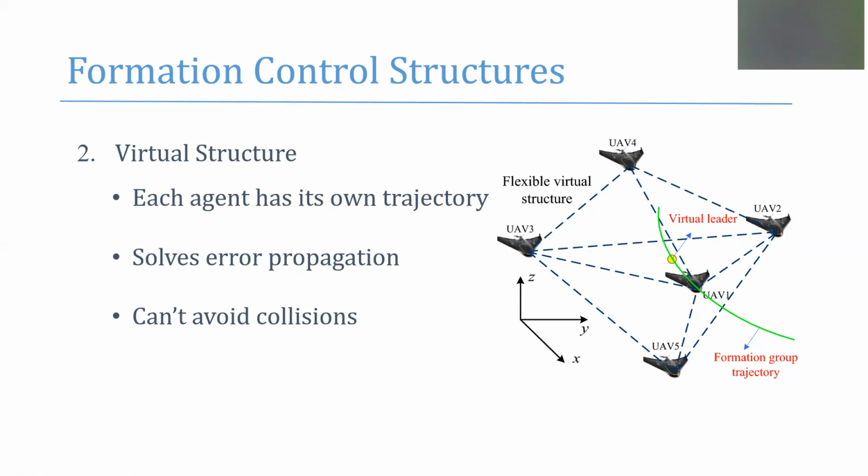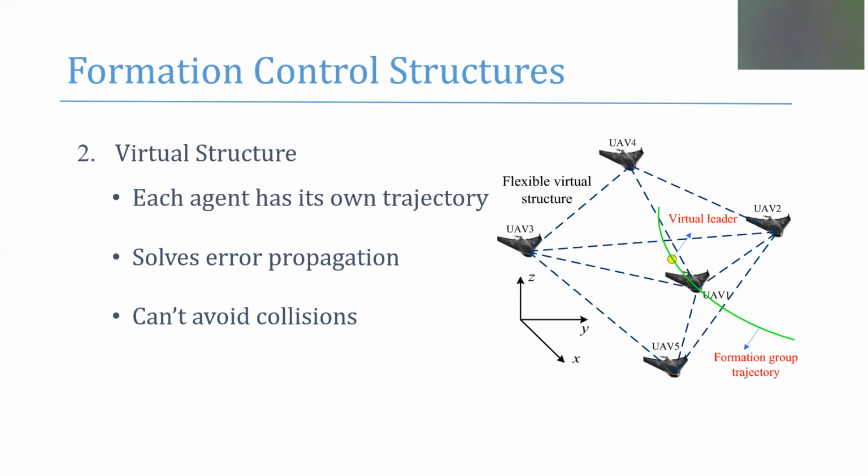In such a computer, we calculate all the trajectories that should be followed by each agent, and these trajectories are shared with each agent in the formation. When each agent in the formation follows its trajectory, the trajectory of the whole formation, and the formation, is going to be achieved. Note that there is no interaction between the agents in virtual structure, as far as we know.